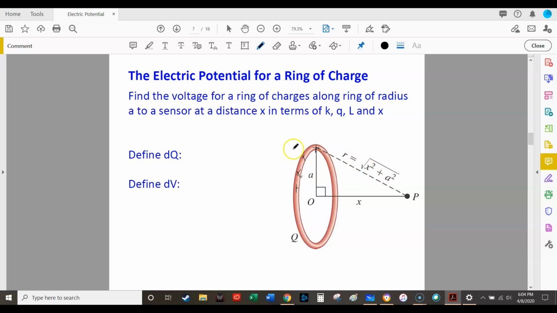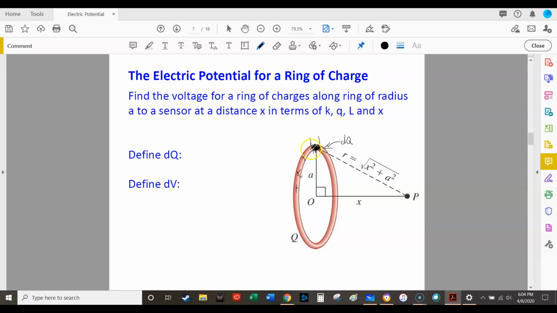Now, to do this integral, we're going to have to identify some charge. So we're going to identify some charge here. This is a continuum of charge, and we're going to identify this right here.